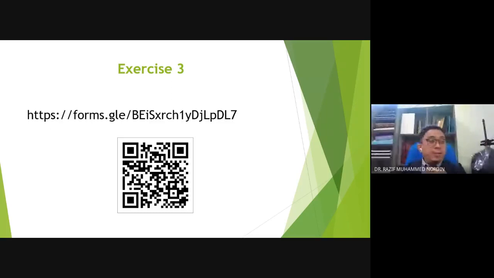Boleh cuba juga exercise ni. Ini final exercise ni. Selepas ni dah tak ada dah exercise. Jangan risau.